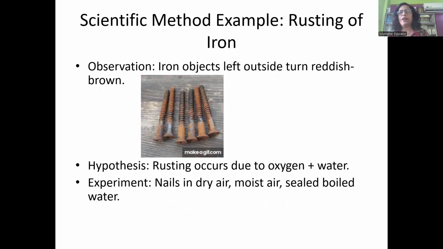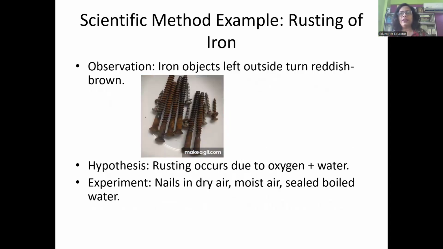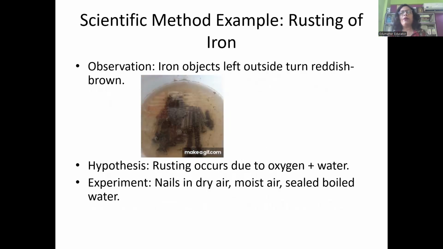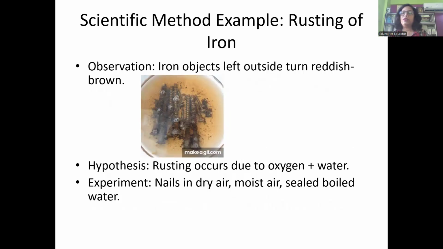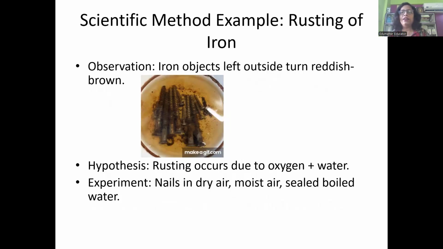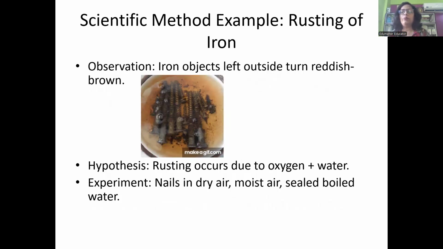We may have some jar where dry air is there. That means oxygen is there, but water is not there. We may have some jar where water is there, sealed bottle where no air is there. And we may have some jar where water and air both are there.